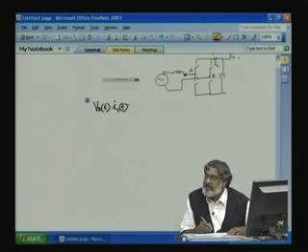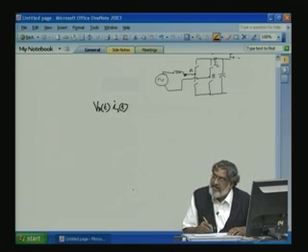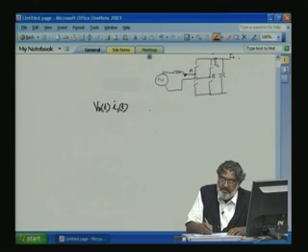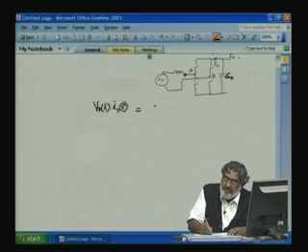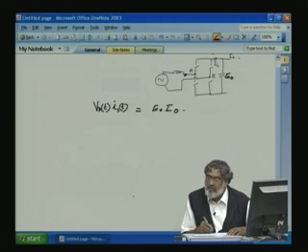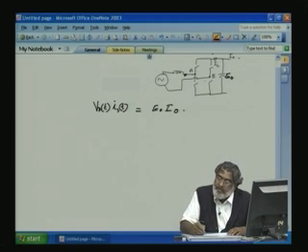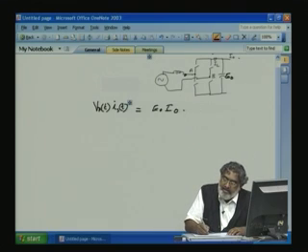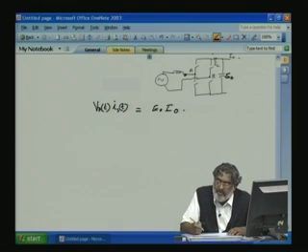Okay. Assuming 100% efficiency, VST and IST should be equal to E0 into I0. Sorry, not I0, E0 into the output current. Input power should be equal to the output power.